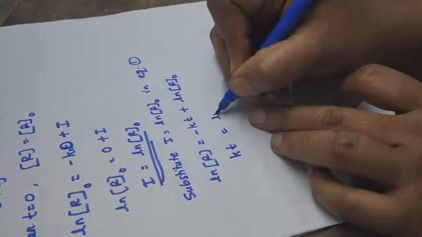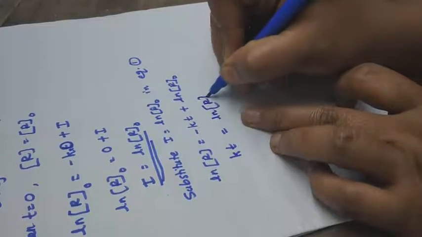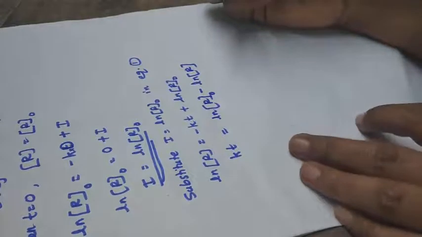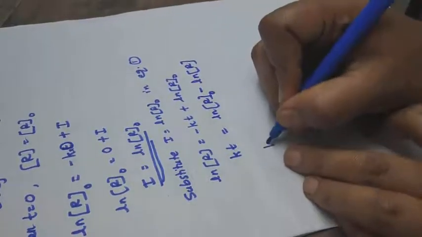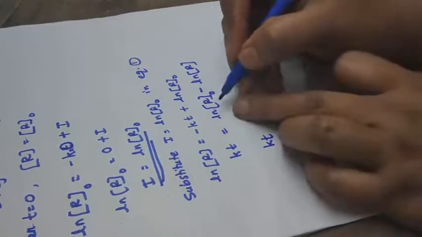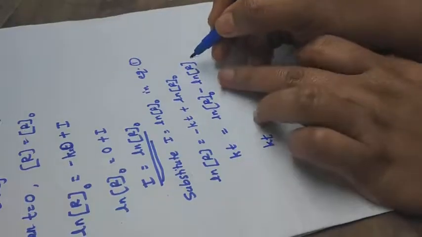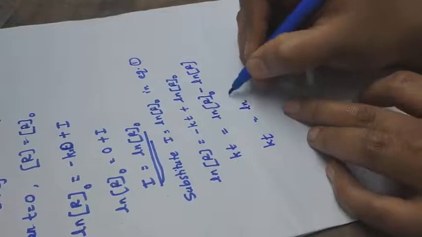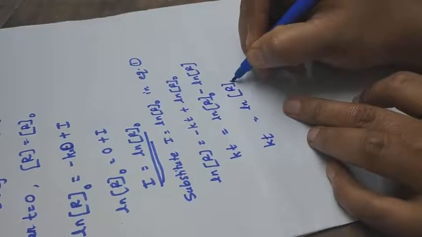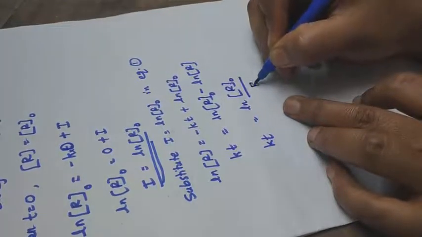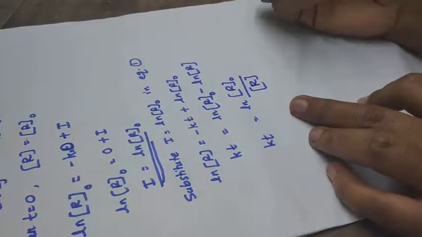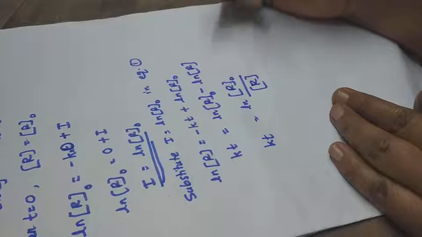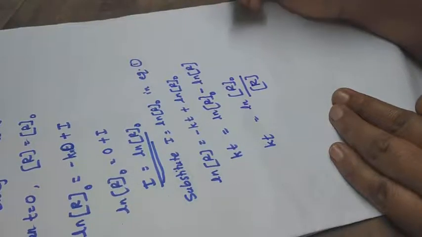So I'll write this first: ln R naught minus ln R. Okay, so kt equals ln R naught minus ln R, concentration of R, we can write ln R naught divided by R. Okay, logarithm: log of a minus log of b equals log of a divided by b.